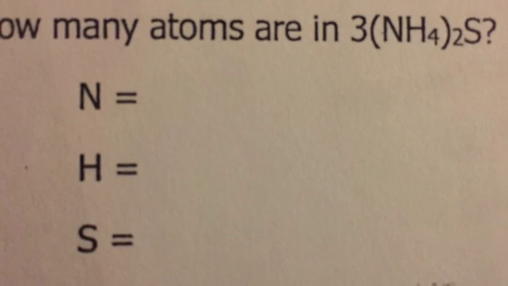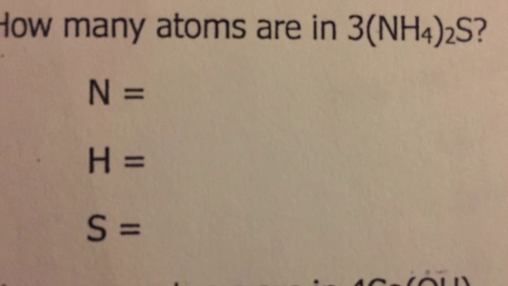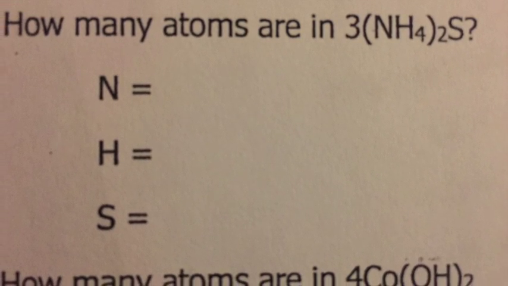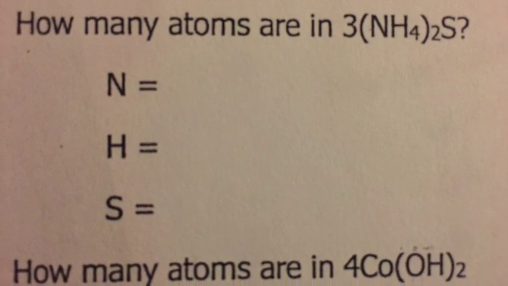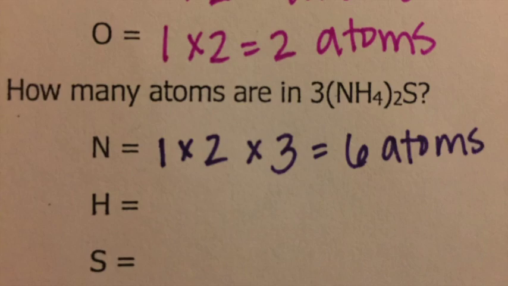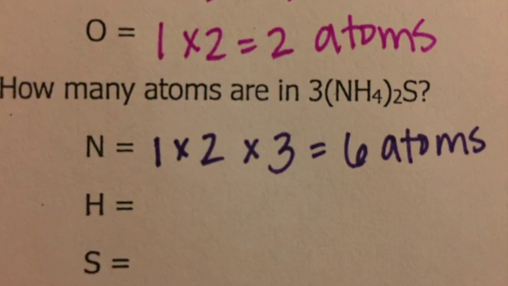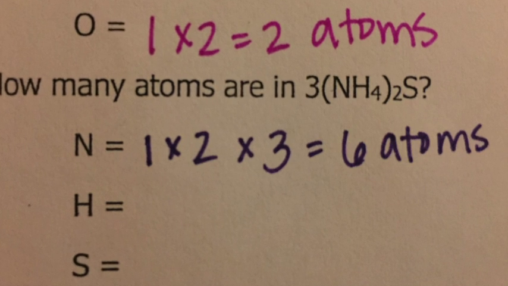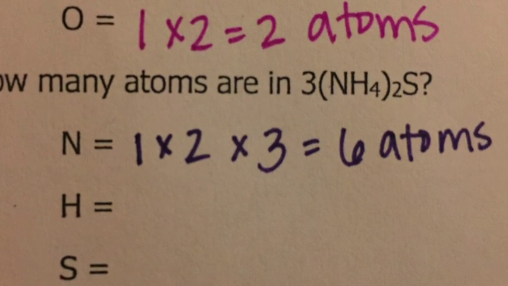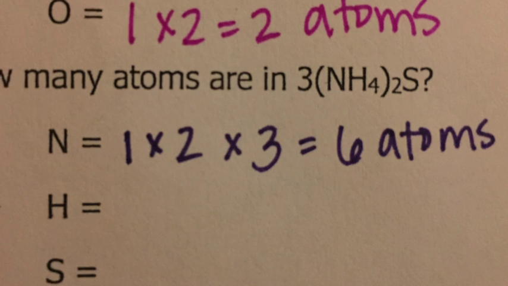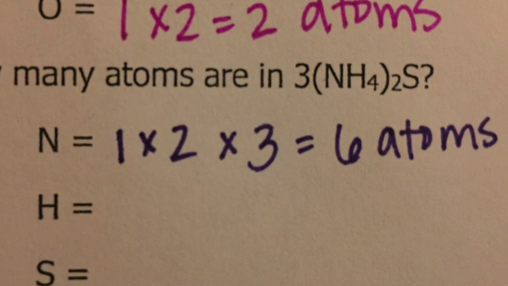So we've got 2 more examples on the left that go through all of our steps. The first one is how many atoms are in 3(NH4)2S. So for N, nitrogen, it has no subscript, so 1, times 2 for those parentheses, times 3 for our coefficient out front, so 6 atoms of nitrogen.